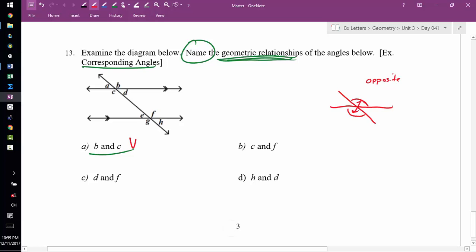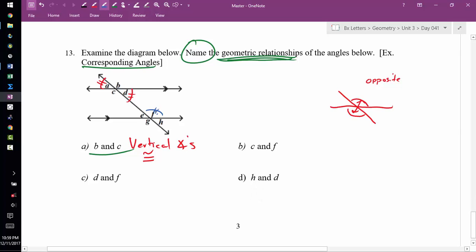These are vertical angles. And they're not exclusive to parallel lines. They're just angles formed by intersecting lines. That's an important one to know. And if you really are curious, vertical angles are congruent. So, A and D are vertical angles, and they'll be congruent.